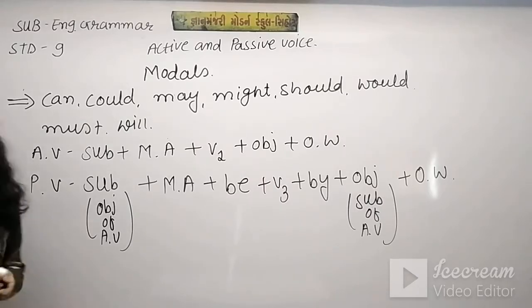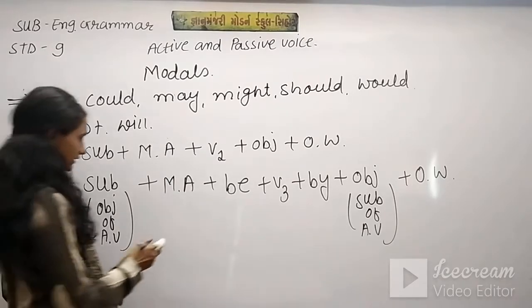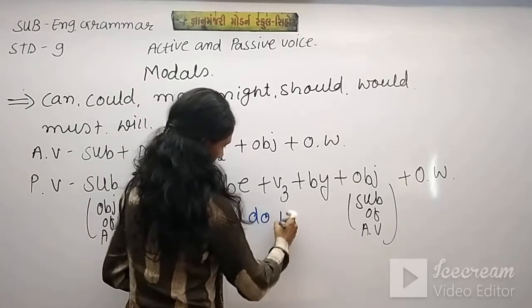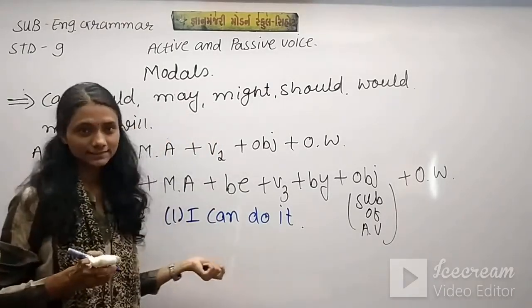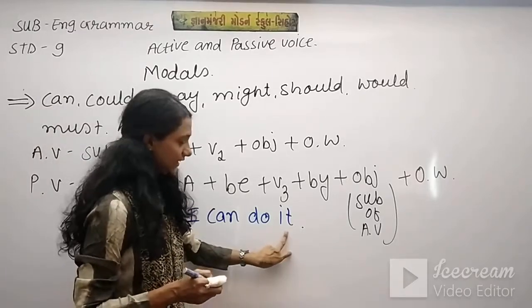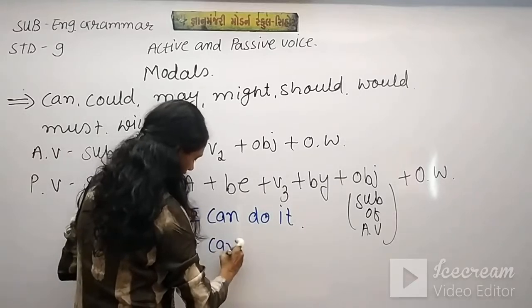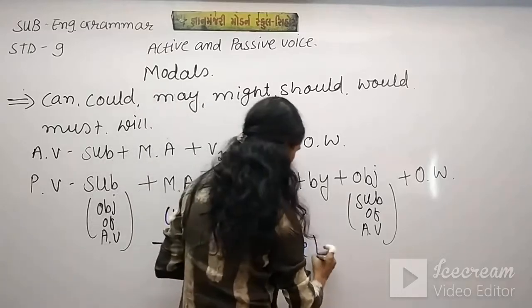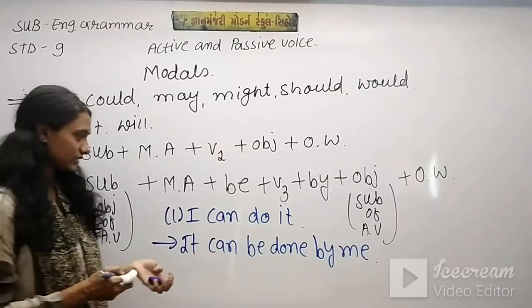Now I will give you sentences. See, I can do it. So we will turn these sentences into passive voice. So this, it, will come first. So it can be done by me. This way we can change these modal auxiliary sentences.